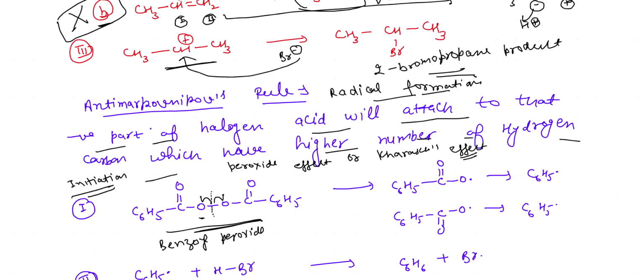When there is homolytic fission, each atom gets one electron toward itself. Then you will get a benzoyl radical, this is one molecule and this is another molecule. So you are getting two molecules of benzoyl free radical.